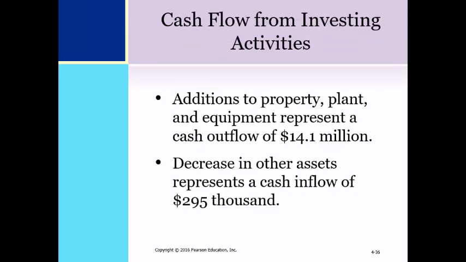When analyzing the property, plant, and equipment and other asset accounts for the investing section, there was an outflow of cash for additions to property, plant, and equipment of $14.1 million and an inflow for the decrease in other assets of $295,000.